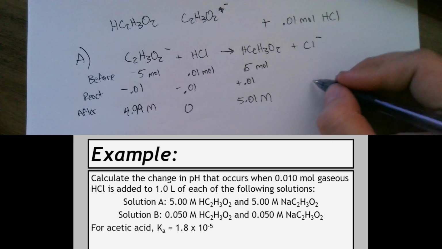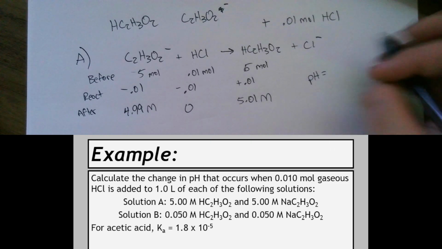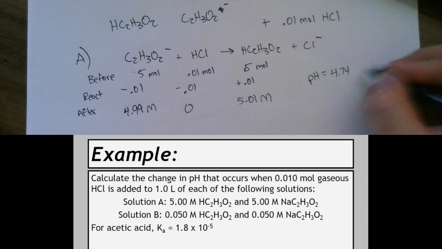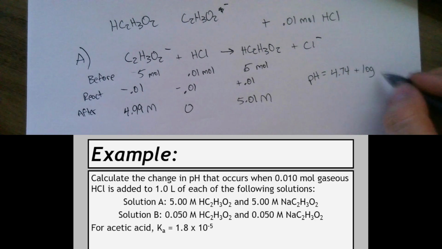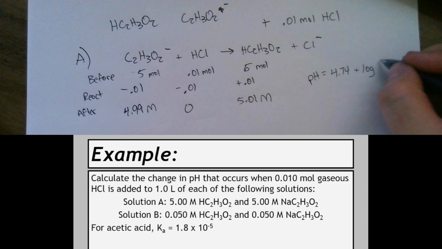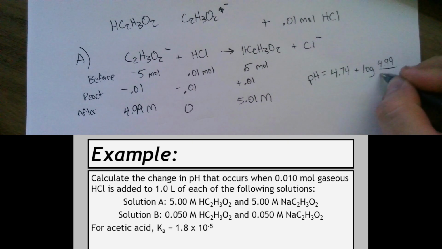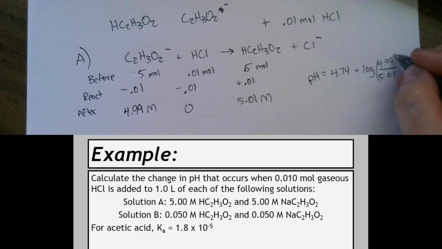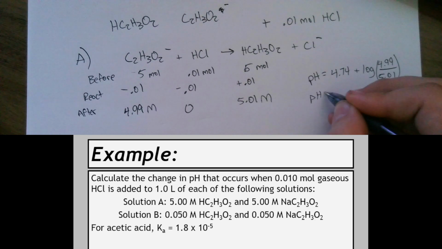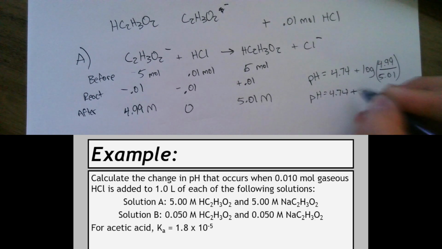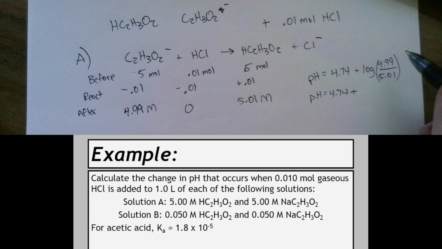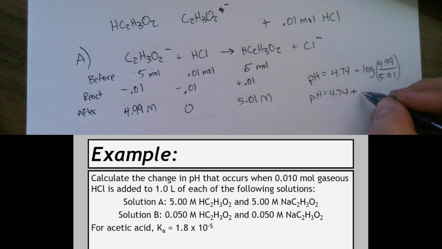Let's plug it into the Henderson-Hasselbalch equation and see what our new pH is. It's going to be base over acid, so it's going to be the 4.99 over 5.01. Okay, this ratio gives me a super small number, like 0.002.